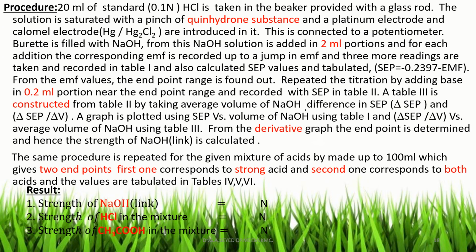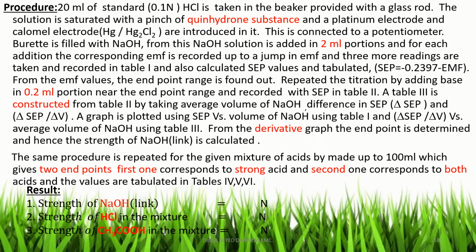Next, the procedure of the experiment: 20 ml of standard HCl of strength 0.1 N is taken in a clean beaker, stirred with a glass rod, and the solution is saturated with a pinch of quinhydron. The platinum electrode and calomel electrode are dipped in the solution and connected to the potentiometer. The burette is filled with sodium hydroxide solution after washing and rinsing with sodium hydroxide.